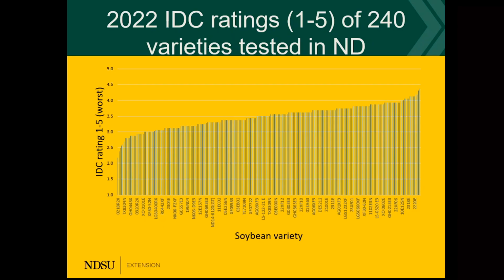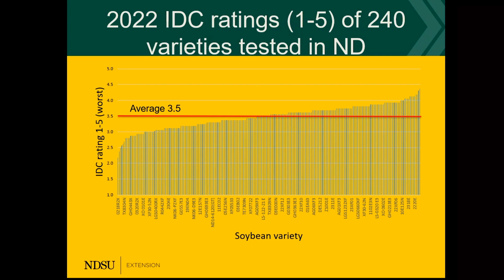Now if we look here, it is a busy slide, but the way it is organized, I have 240 varieties on the bottom, and each bar represents a variety. On the left is the IDC score, again, 1 green, 5 dead. So the taller the bar, the worse they are. If you look at that whole graph, the average was 3.5.